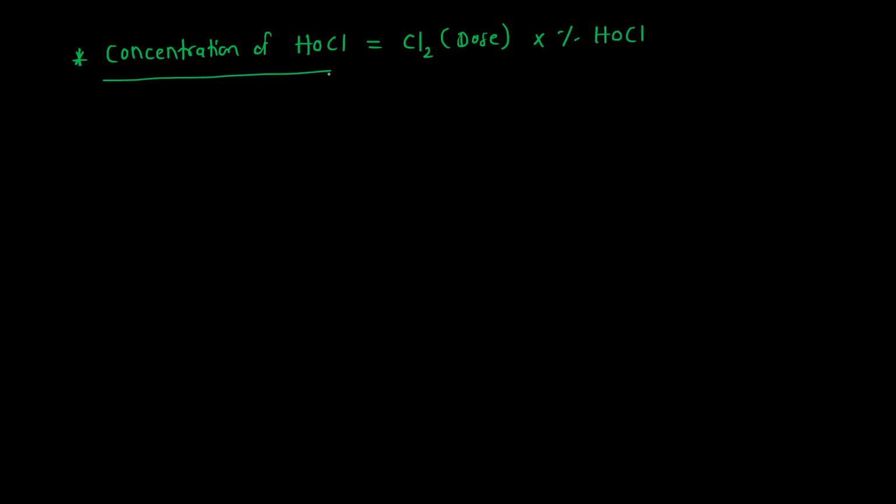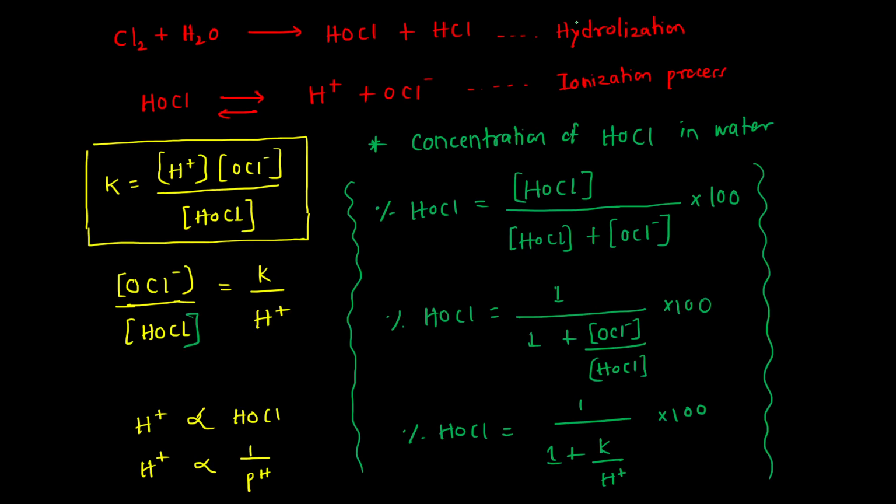Once we get the percentage of HOCl, the next formula is for the concentration of HOCl. This is equal to chlorine dose into percentage HOCl, and this percentage HOCl we can calculate by these formulas.